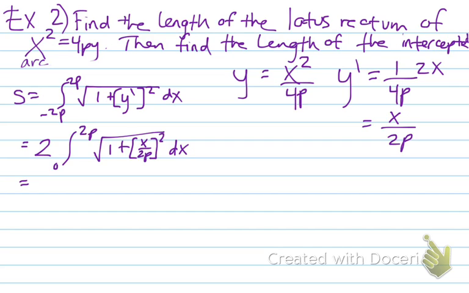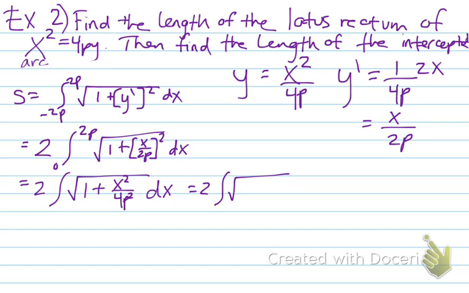So let's see, I can do 2 times the integral. I'm going to stop writing from 0 to 2p for a little bit if that's okay with you. If I square that, I get 1 plus x squared over 4p squared dx. And if I want to combine like terms, I get 2 times the integral of 4p squared over 4p squared plus x squared over 4p squared dx.